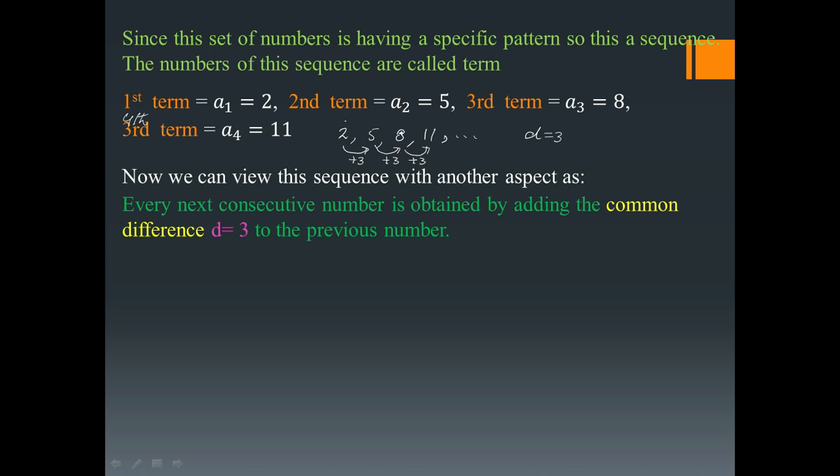If 3 is added to the third term, we get the fourth term. So every next consecutive number is obtained by adding the common difference d equal to 3 to the previous term.